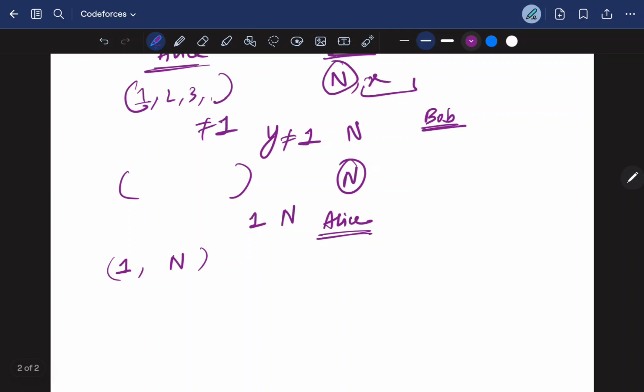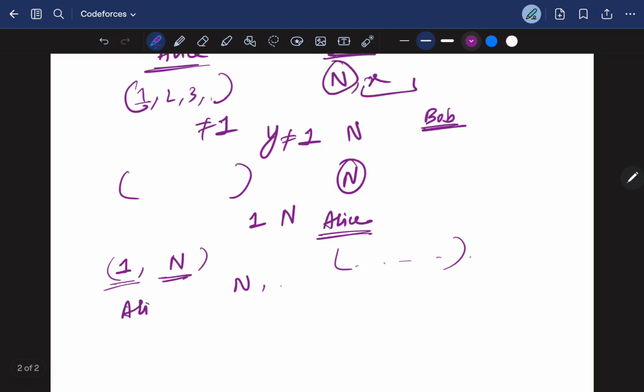Since the last card can only be beaten by the first card, Alice will always play the last card n. No matter what Bob plays, Alice knows that she will win this game. So in this case, when Alice has the last card and the first card, Alice will always win.